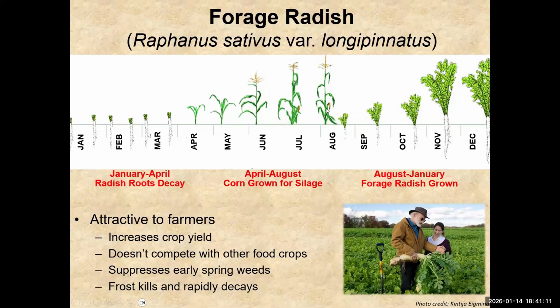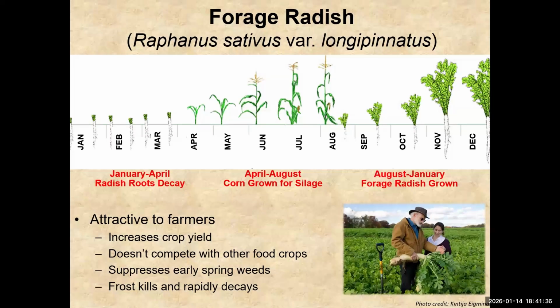And so the cover crop doesn't compete with food production, as most of the dairy farms had traditionally left their fields bare after they had harvested that corn silage. And this particular forage radish is attractive to farmers because it's known to increase crop yield. It suppresses early spring weeds.